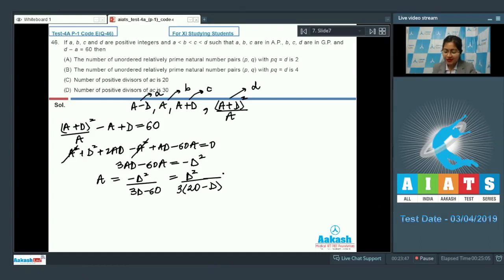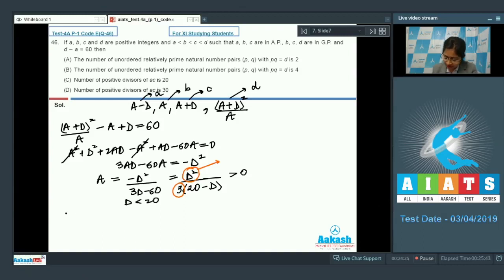Now it has been given that all the four numbers are positive integers. So this should be greater than 0. Now D square upon 3 is already positive. So 20 minus D is greater than 0, which means that D is less than 20, and already we know that D is greater than 0. Moreover, as A is an integer and in the denominator we have 3, D should also be a multiple of 3 so that A becomes an integer.